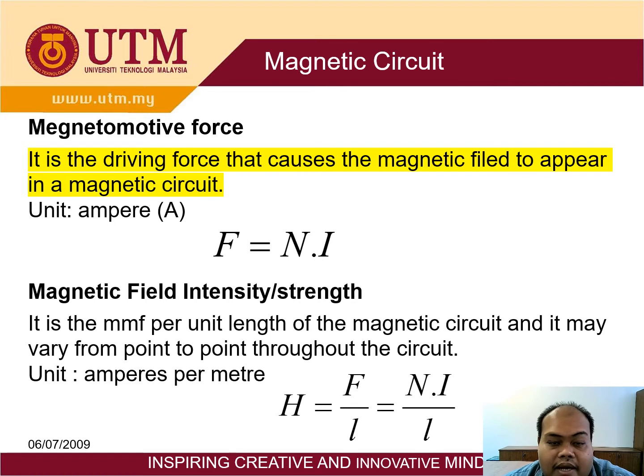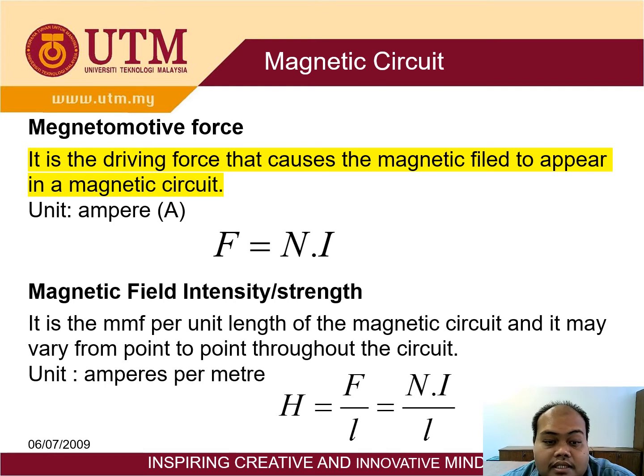So basically F equals N I. And then magnetic field intensity. The abbreviation is H. Magnetic field intensity and magnetic field are different things, so make sure you differentiate them. Magnetic field is B, so B and H are different.